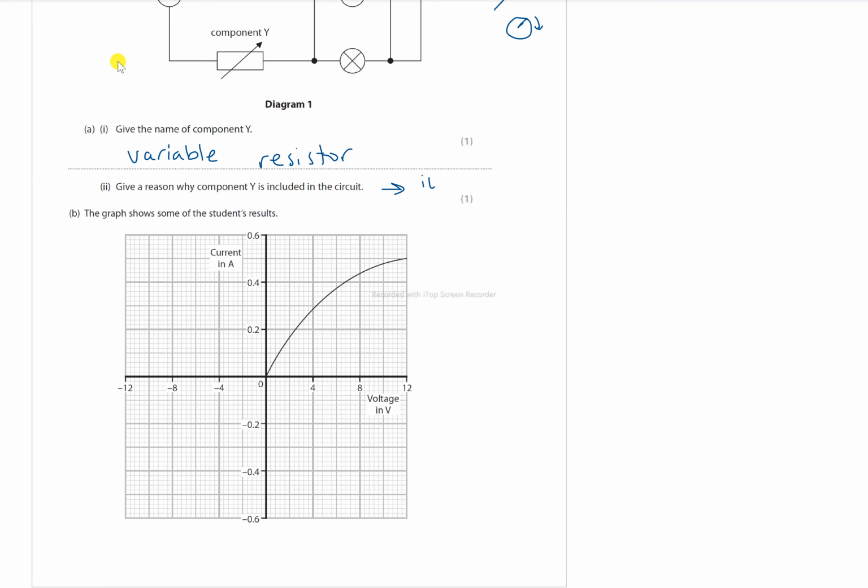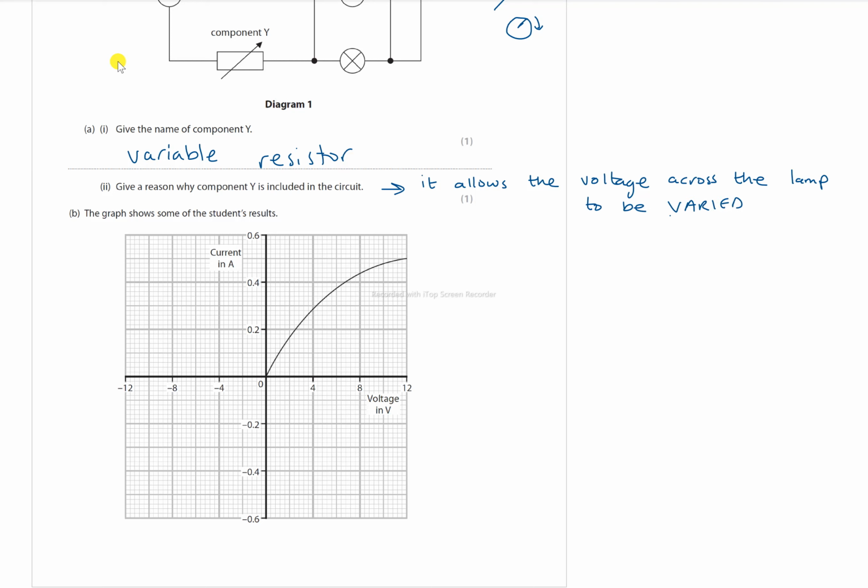So it allows the, just stick to voltage. It allows the voltage across the filament lamp to be varied.